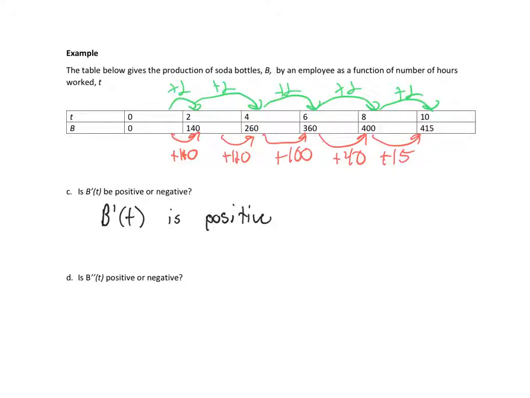So it appears that over time, the employee is getting tired and the rate of production is actually slowing down. Since the rate is slowing down, we would say that B double prime of T is negative, because the rate that the function is increasing is actually decreasing.